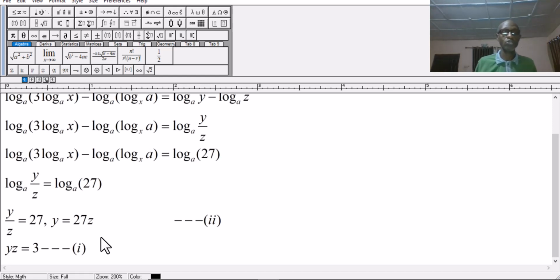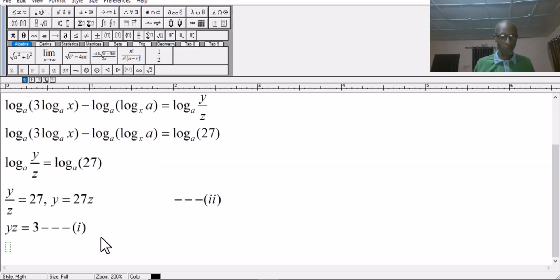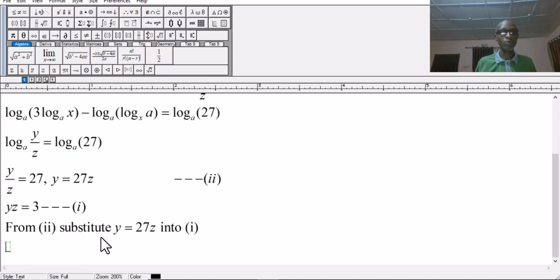That's our first equation. Now we already know our y from equation 2. Substitute y equals 27z into equation 1.